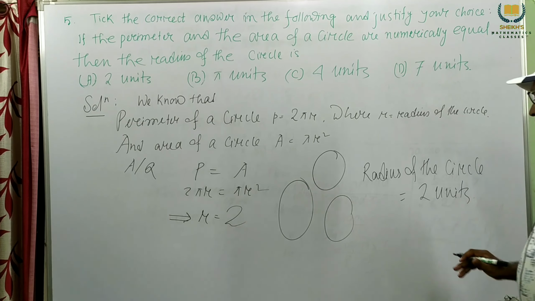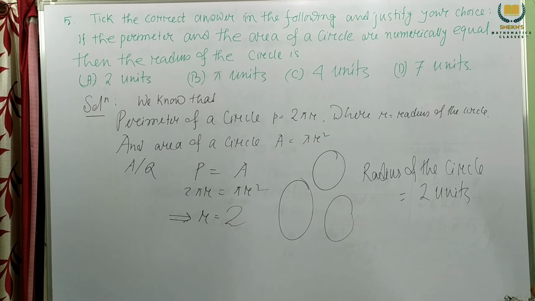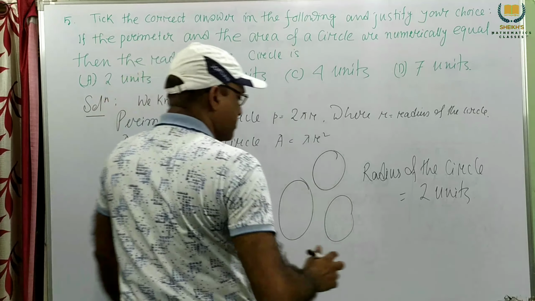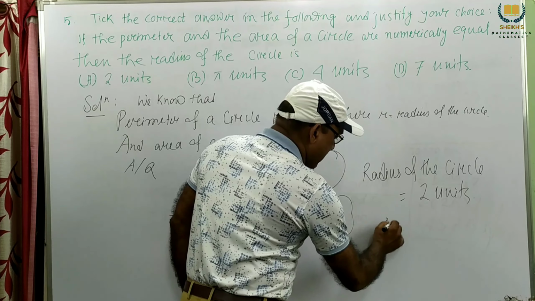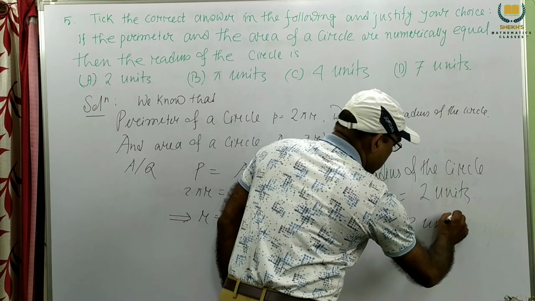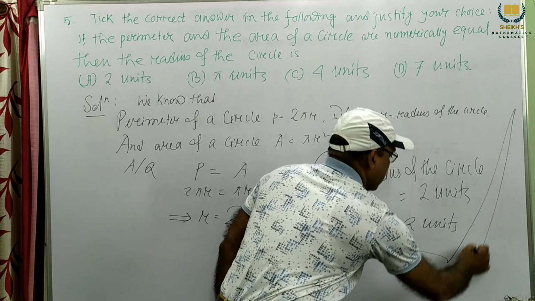Centimeter, meter not given, so we have to write the radius of the circle as 2 units. That means answer A. A is our answer. This is A, 2 units. This is our final answer.